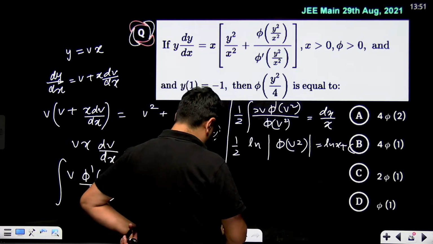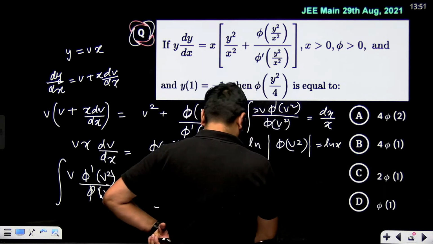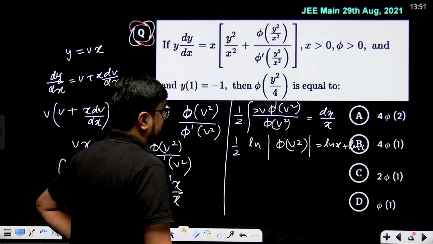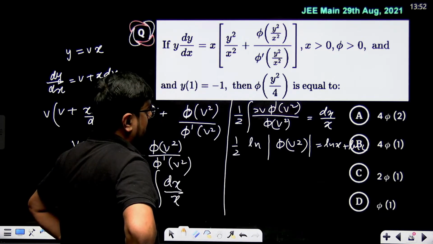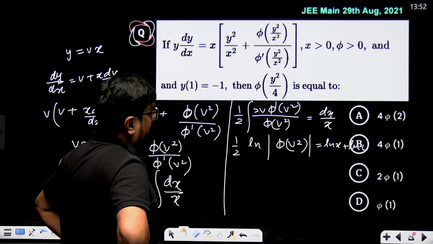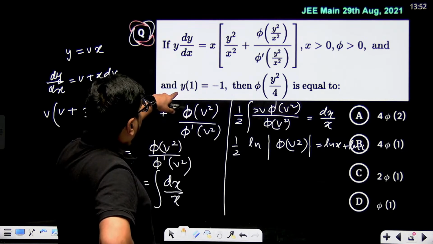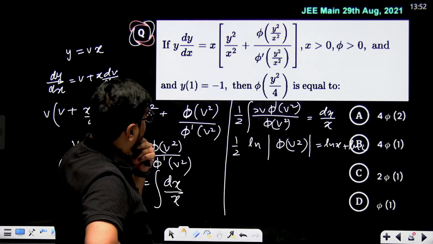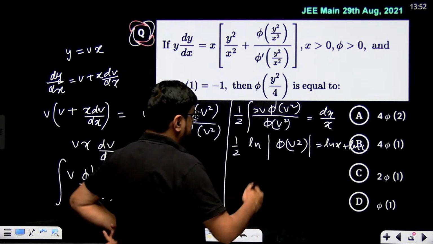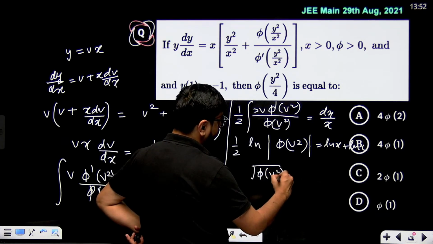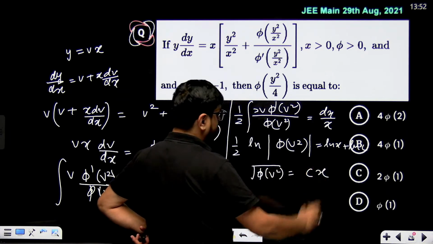Ln x plus ln c first of all. Ln x plus ln c, so this will become xc on this side, xc whole square, and y of 1 is equal to -1, so we have to put -1 comma 1. So this will simply become square root of phi of v square equal to cx.